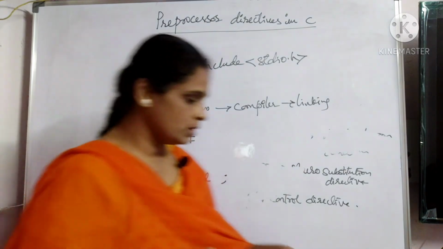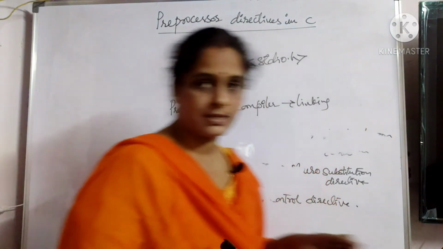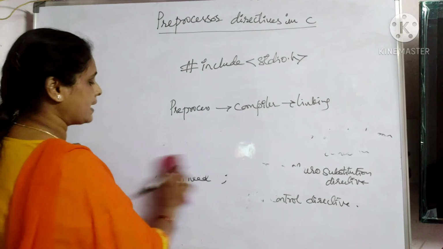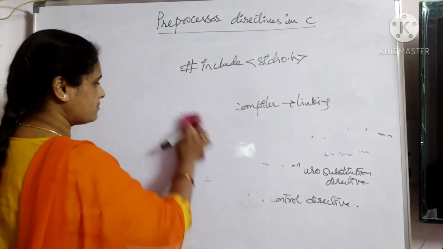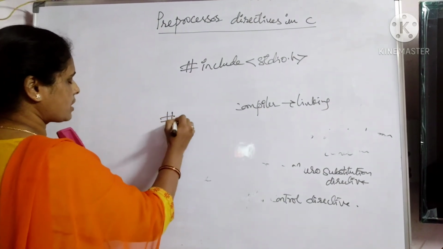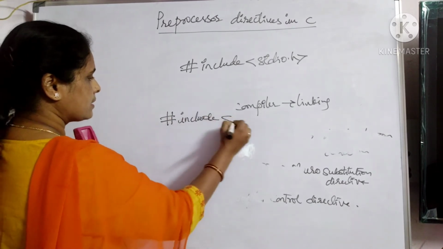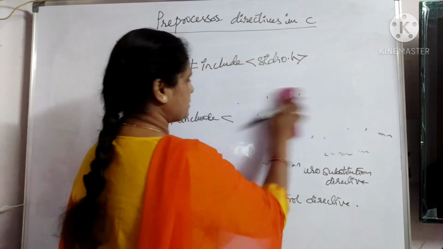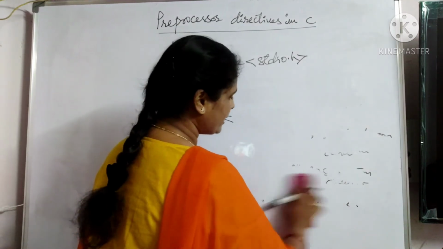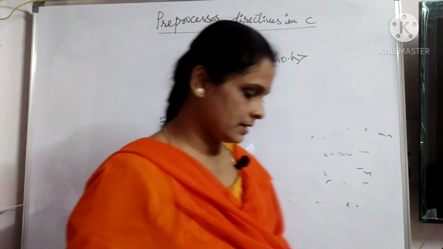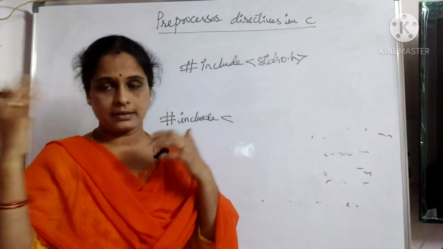Now coming to the different types of preprocessor directives, we just had a look at them, but still once again we'll see. The first is #include with any file name. I can include any files from the C library.